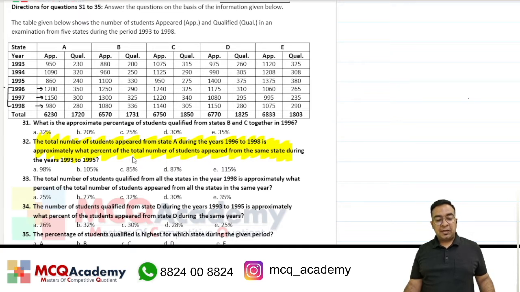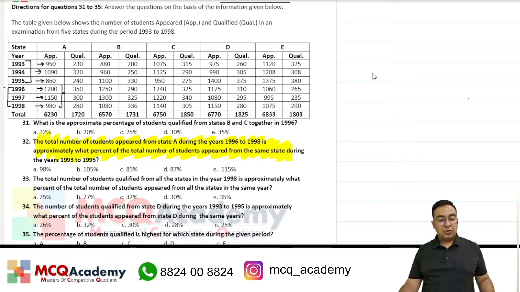This is approximately what percentage of total number of students appeared from the same state during the year 93 to 95. तो अब आपको दूसरा ग्रुप बनाना है यहाँ पे 93 to 95 का. सो ये वाली वैल्यूज का टोटल आपको परसेंटेज कैलकुलेट करना है with this as its base.